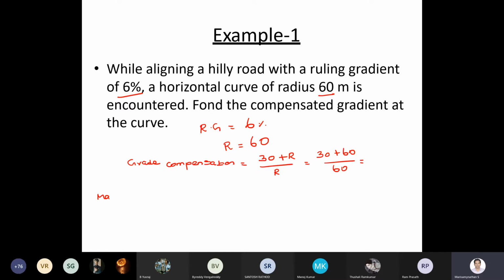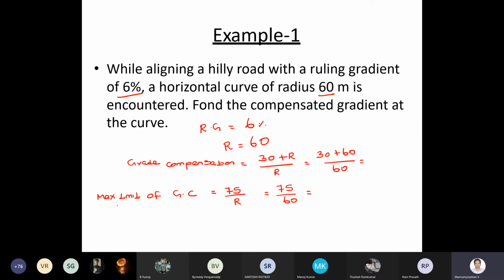At the same time, the maximum limit of grade compensation is 75 / R, that is 75 / 60. The lesser value we have to adopt when it comes to the compensation, so we are comparing both values.